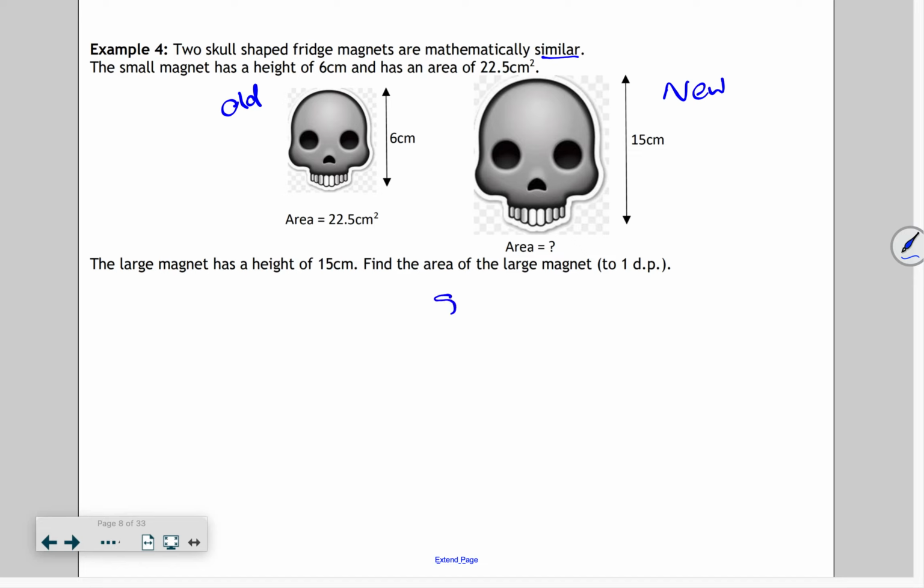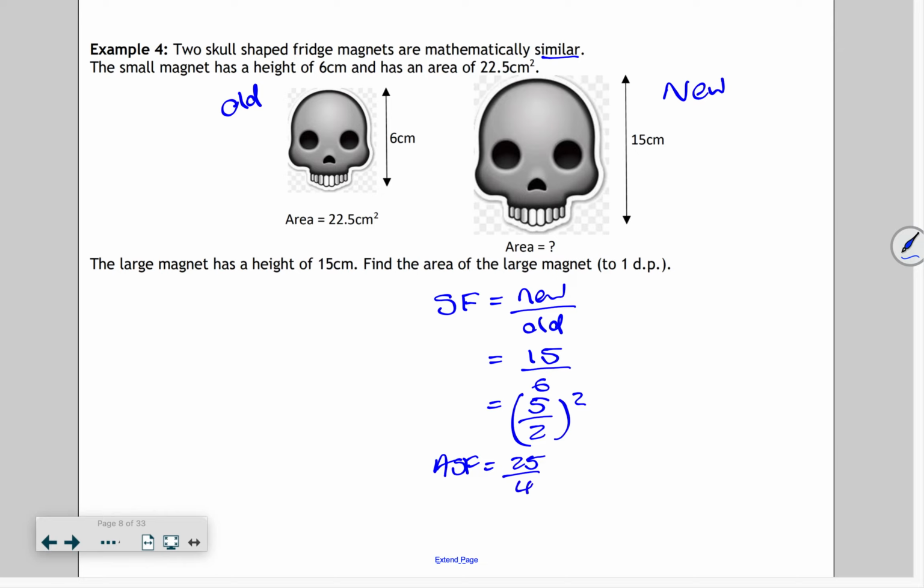So I can say that my normal scale factor, look at the lines. You always take your scale factor from the lines. It's going to be new over old. So that's going to be 15 over 6, which cancels down to give me 5 over 2. Because I'm now dealing with area, what I need to do first of all is square my scale factor. If I square that, my area scale factor is going to be 25 quarters.